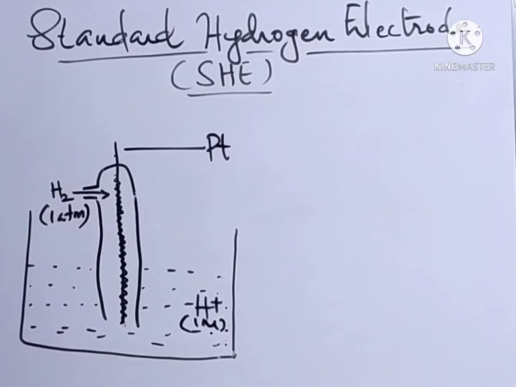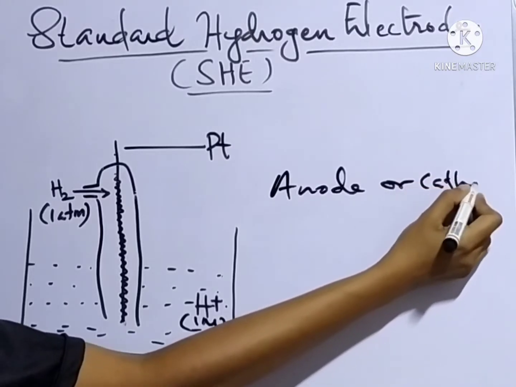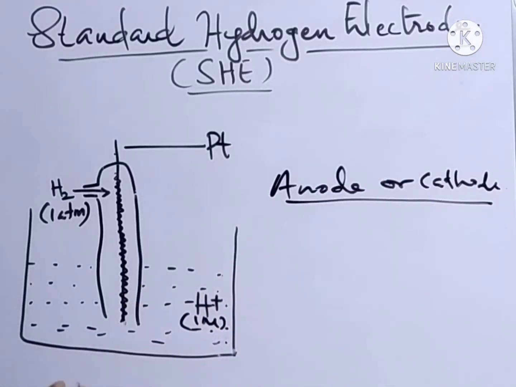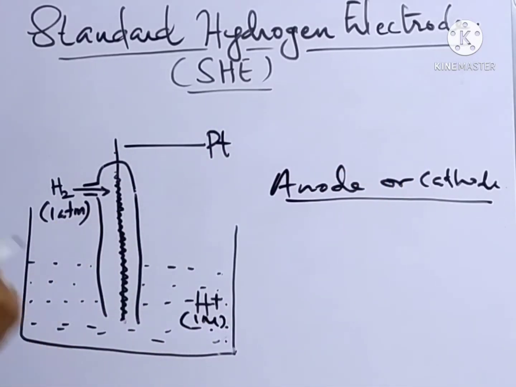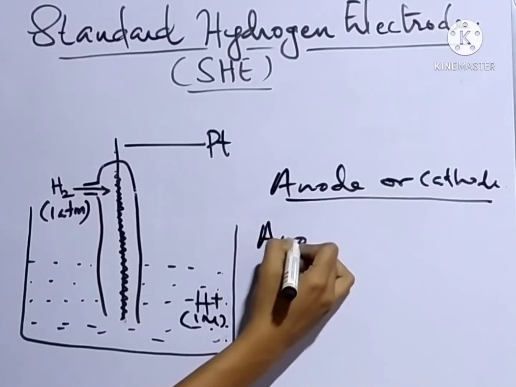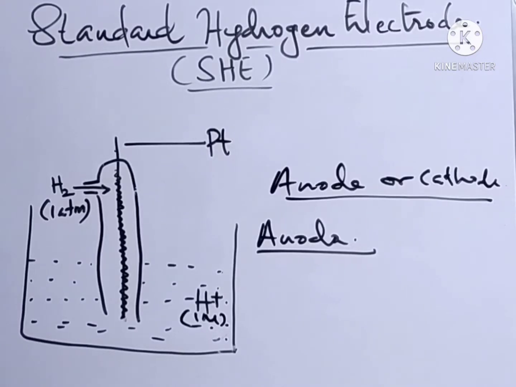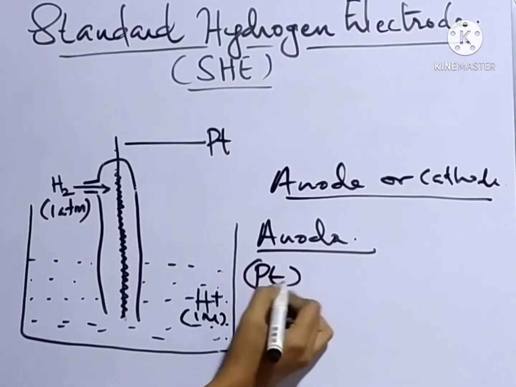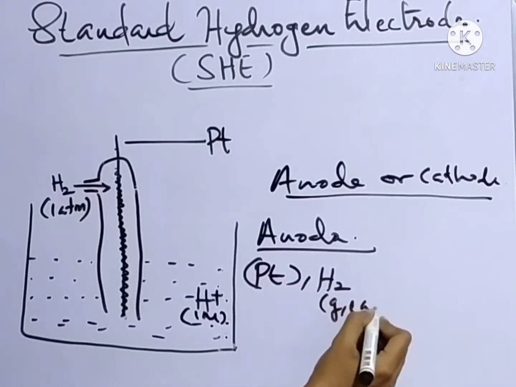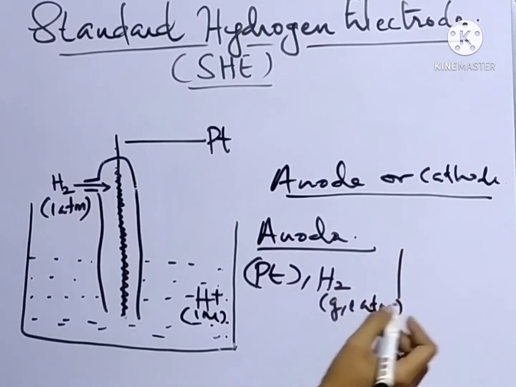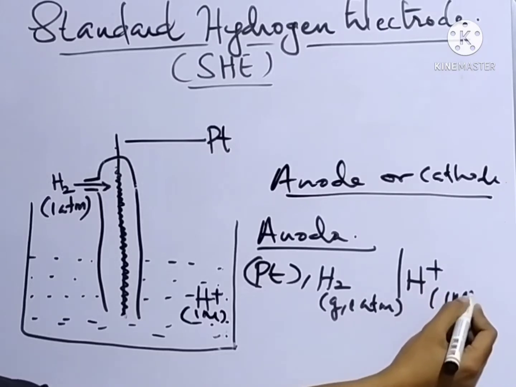Here the electrode may act as an anode or as a cathode. If it acts as an anode, that is, when it is attached to a cathodic half cell, the cell can be represented as platinum, H2 gas at 1 atm, H plus at 1 molar.